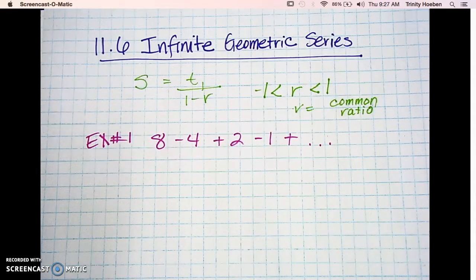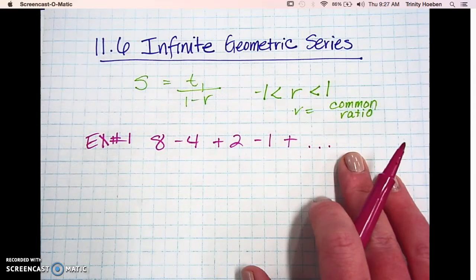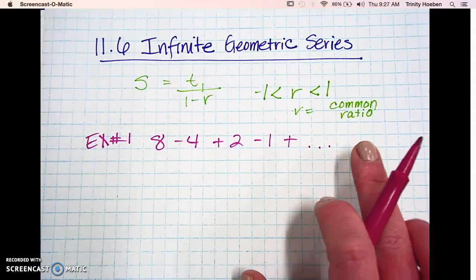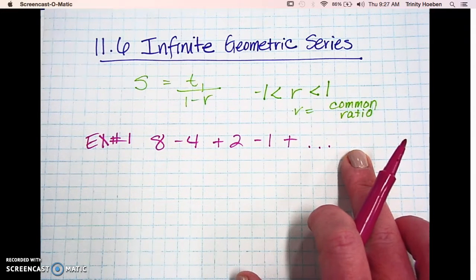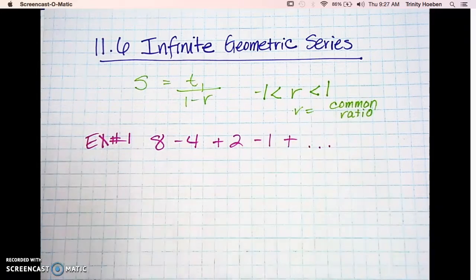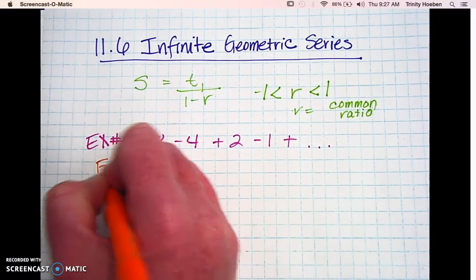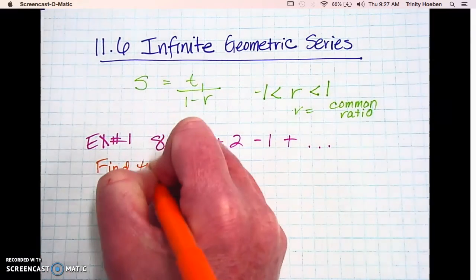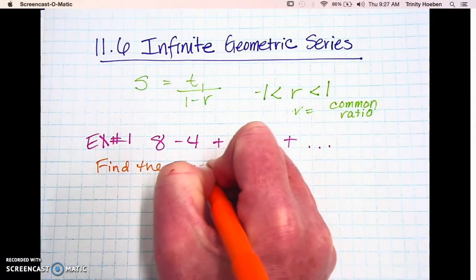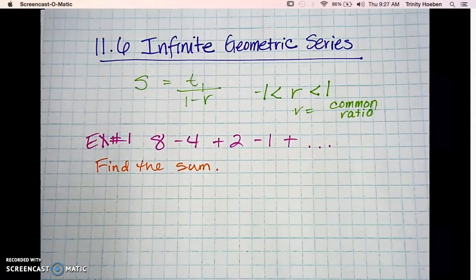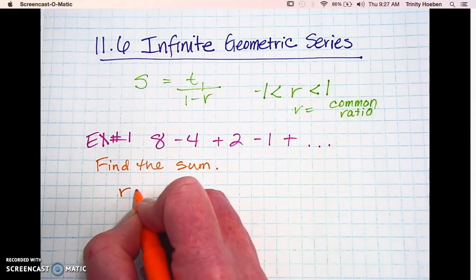It's infinite. Versus the other formula, which is going to end with a number right here. Okay, so it's going to be finite. All right, and then the directions are just going to say find the sum.